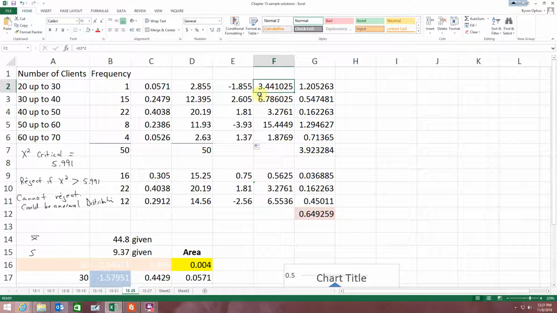Bingo. Then I square those values, so that's just equal to this squared. This formula is kind of the same one we did on the frequency one. It just gets a little more complicated when we do it like this. Carry those down, and then I divide this by my expected frequency here.